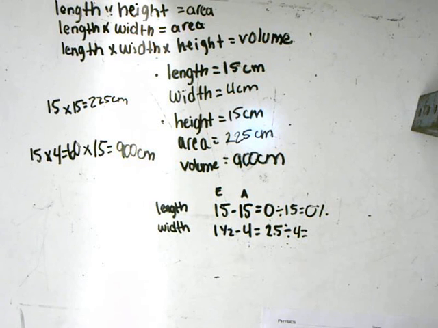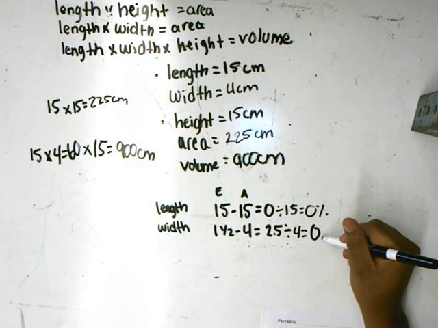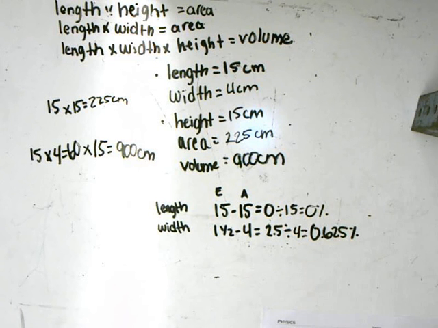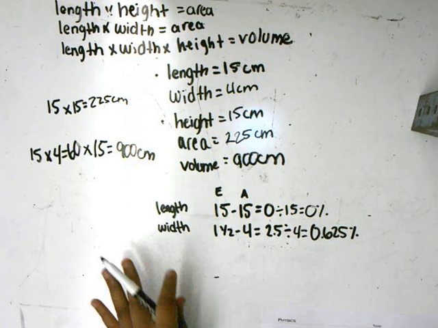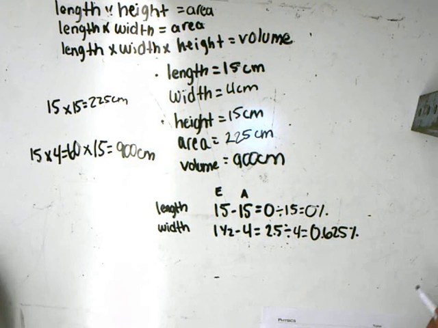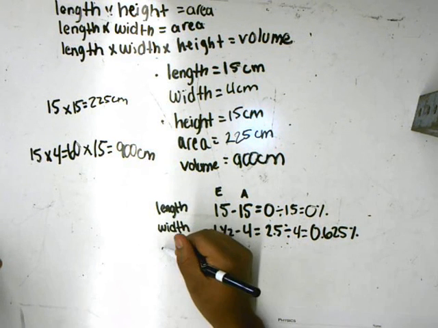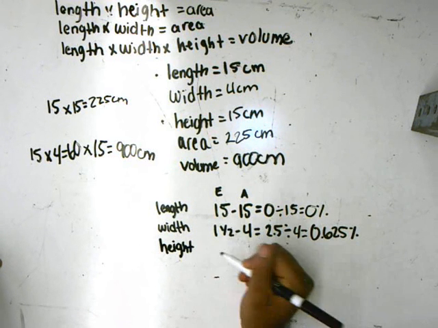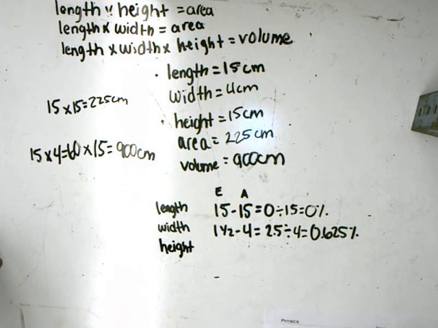Now I'm going to do height. So my height is going to look similar to my length because I'm using the same measurement. So my estimated was 15, subtract the difference of 15, and I'm going to get 0. I'm going to divide 0 by the actual, and I'm going to get 0% uncertainty for my height.